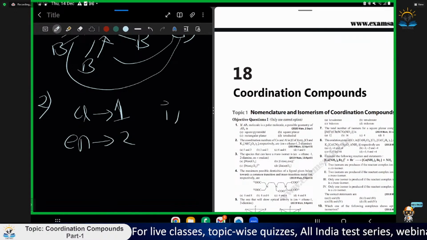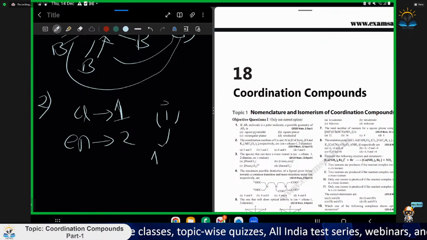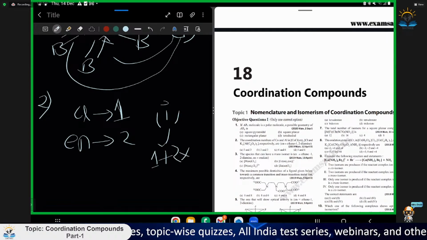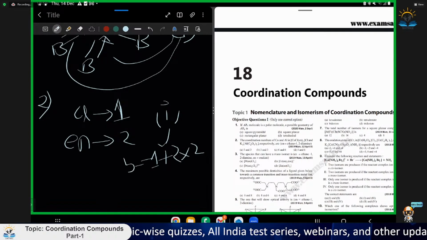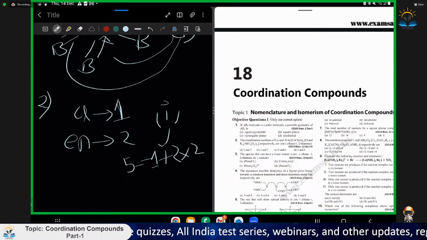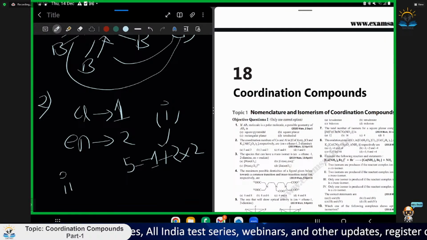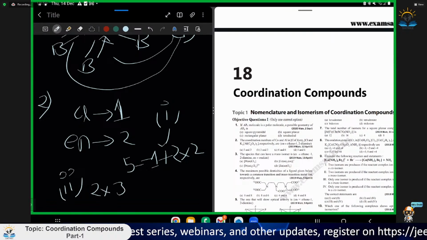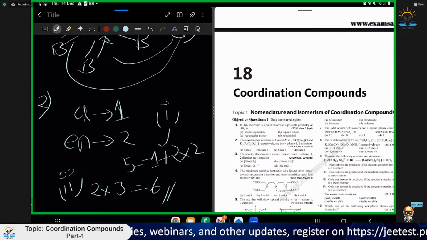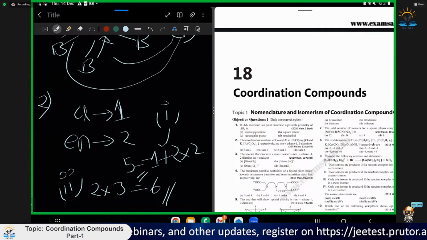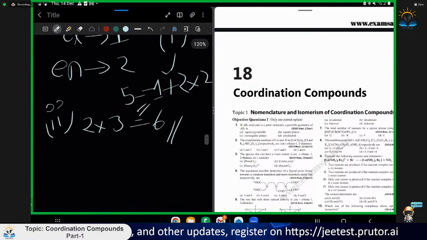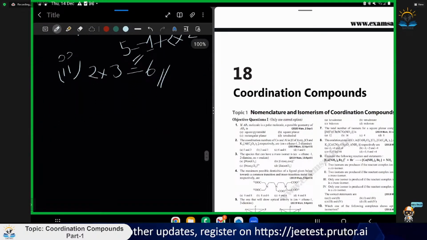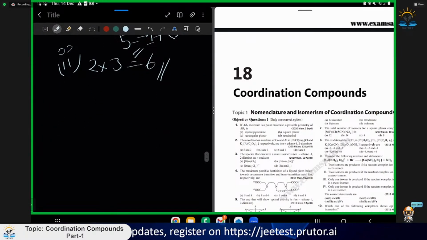So first it's 1 plus 2 into 2, equal to 5. Second, 2 into 3, 6. Third question.